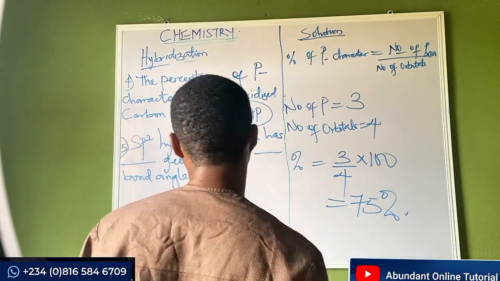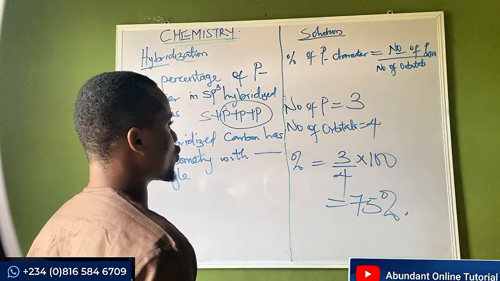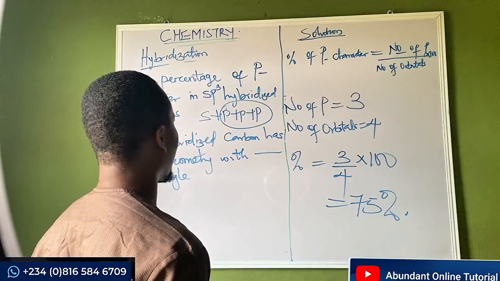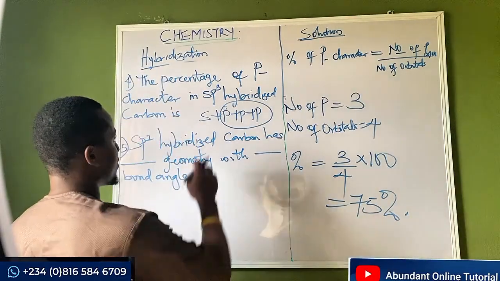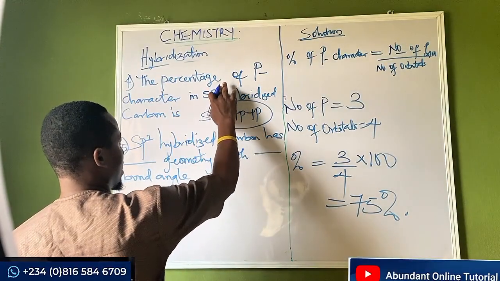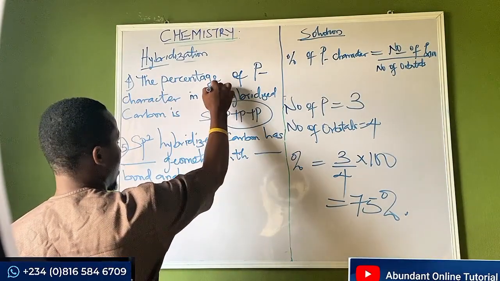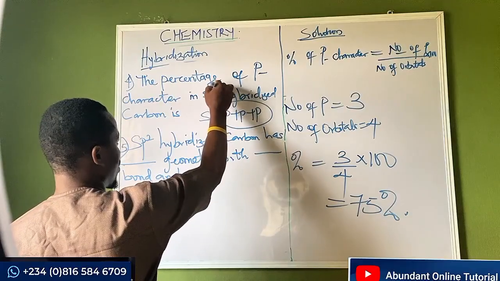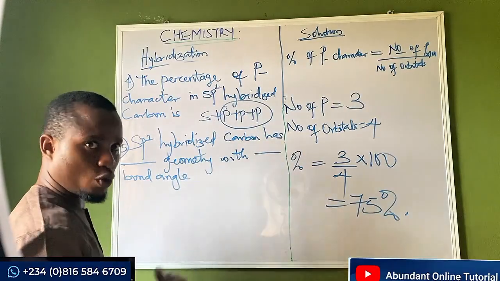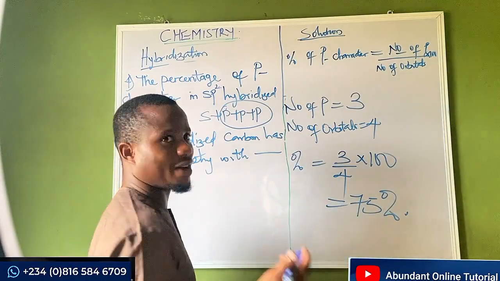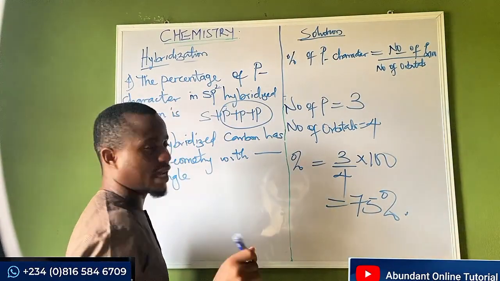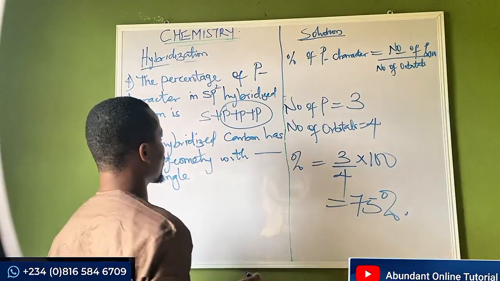What if they say that you should look for the number of S in sp2 hybridized? You can do this by yourself. You can pause this video and solve it, then drop it in the comment section. So let's do this.